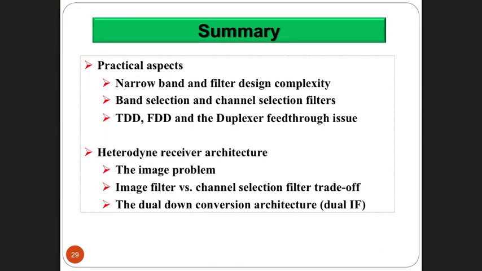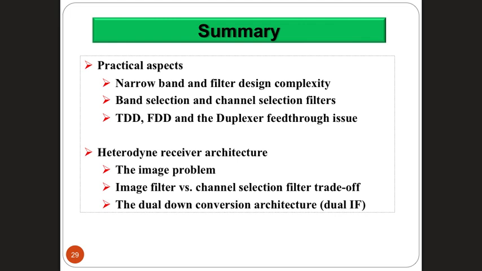Nice. So the summary of what we did today is that we looked at some of the practical aspects in receiver designs in general, particularly the narrow band and filter design complexity issue, the band selection and channel selection filtering, and the TDD and FDD with the associated duplexer feed-through issue.